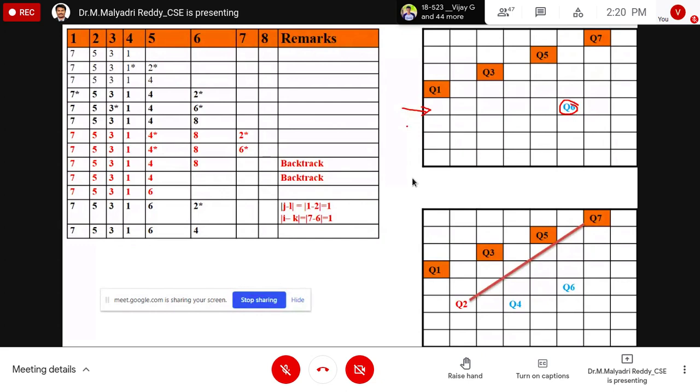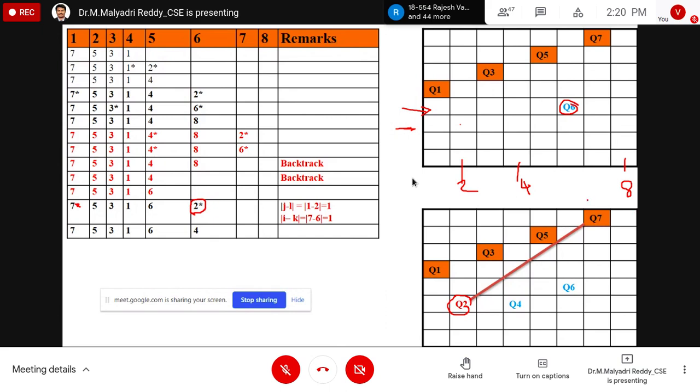To place in the sixth tuple, I can place only 2 or 4, since 6 and 8 are already placed. I have to check whether Q2 is possible or not. If I place Q2 here, check the diagonal conflict with respect to 7.